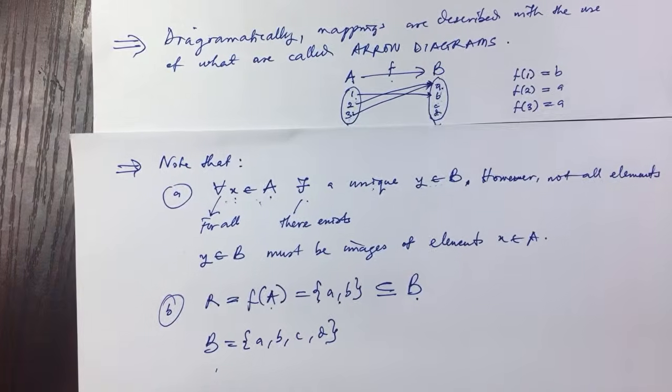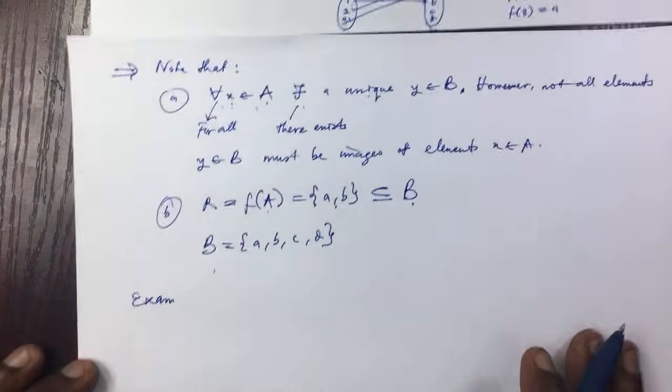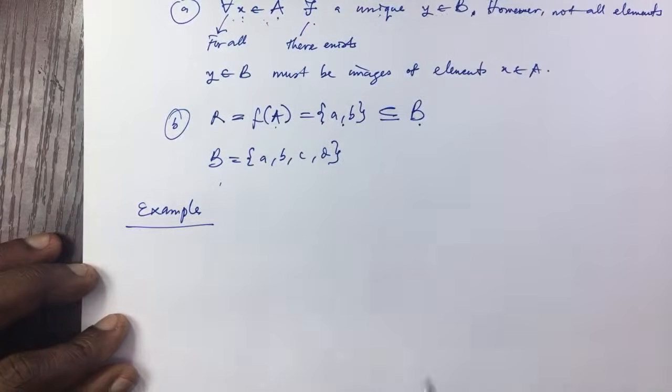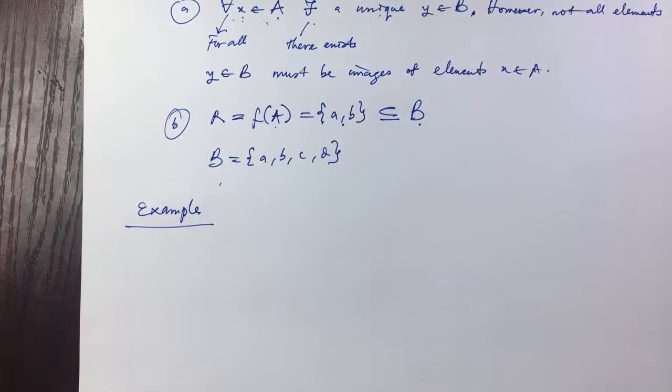Now, let's take an example quickly of what I've explained so far. Remember, we need a clear understanding of mappings in order to understand what functions are, and I'm going to get to what functions are quickly. So let's consider an example.